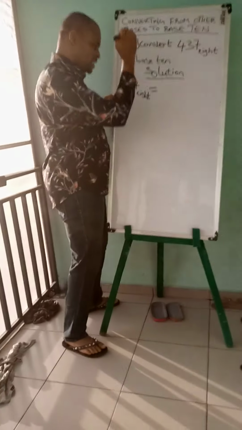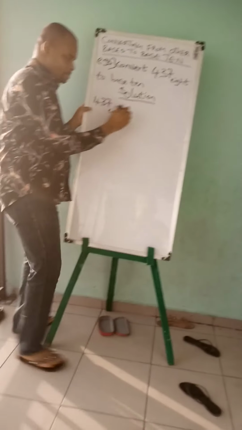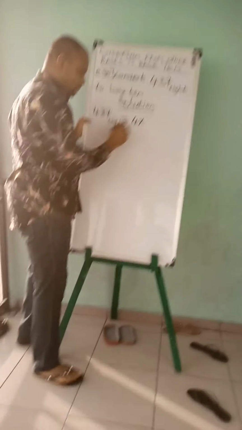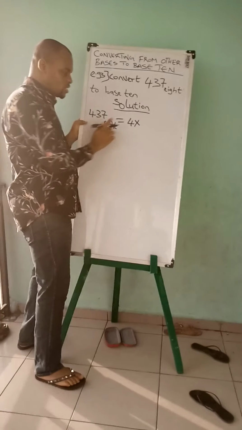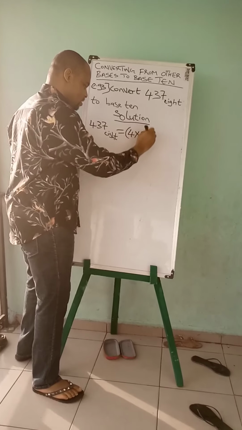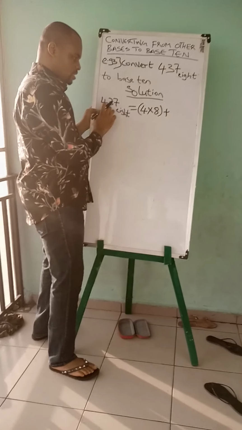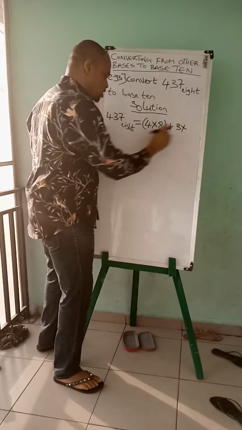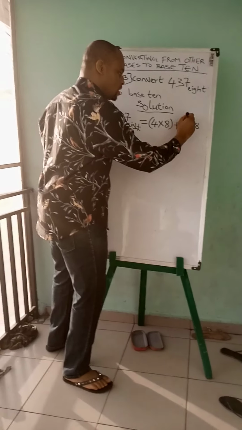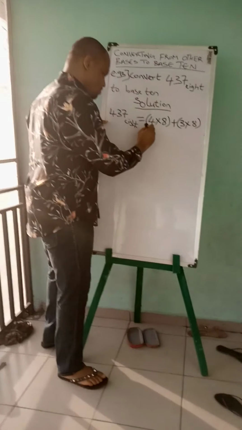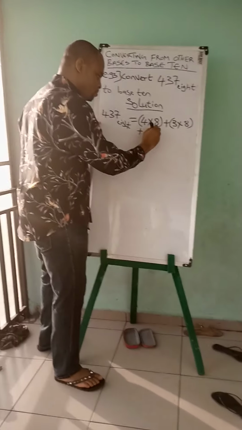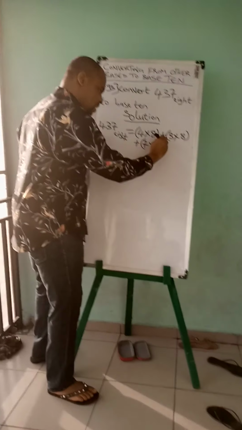Now let's expand this. I take the first number 4 multiplied by the number base, which is 8. Plus the next number is 3 multiplied by the number base 8. Plus the next number is 7 multiplied by the number base 8.